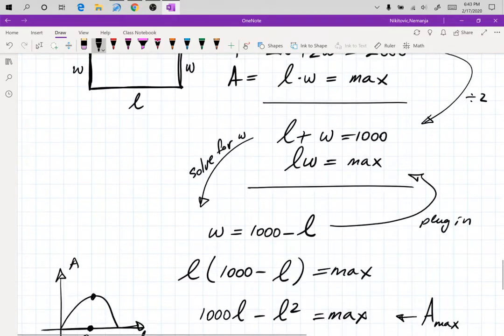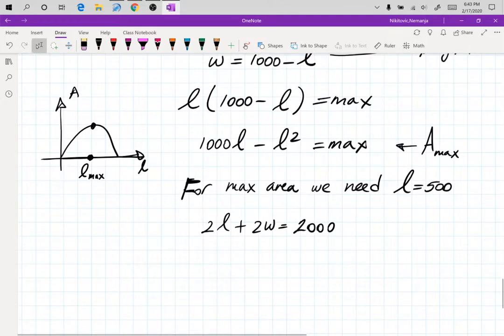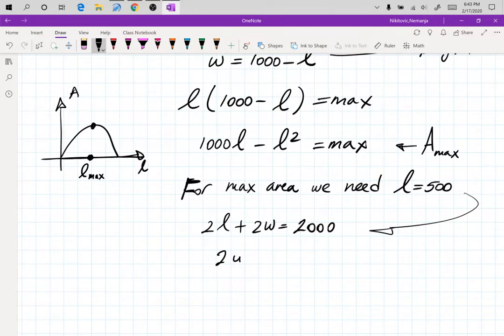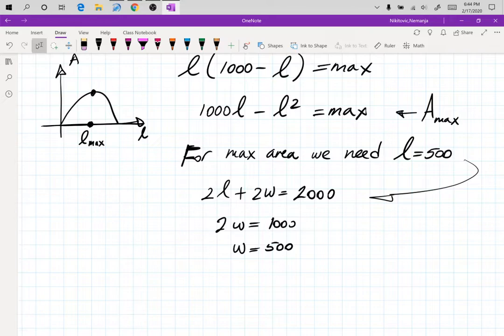I gave 2000, right? Yeah. When you plug that in there, you will get that 2W is equal to 1000 and W equals 500, and we have the answer, which is a square, 500 by 500 yards.